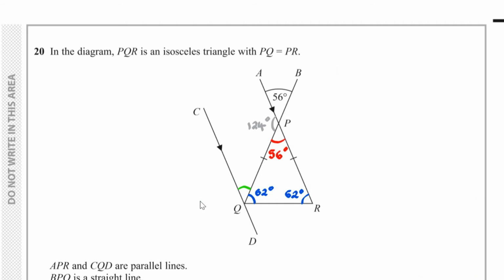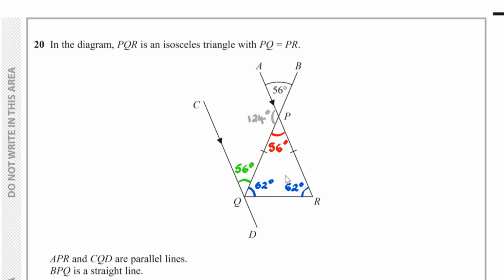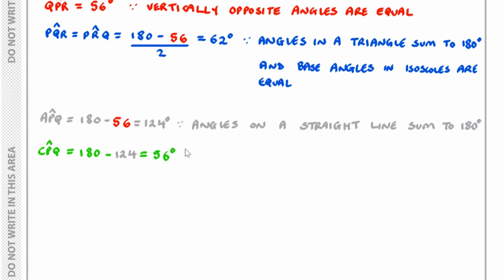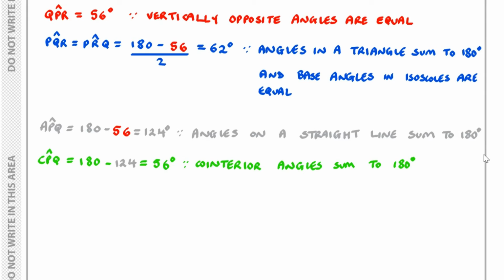So this angle here is 56 degrees, and that's because we've got co-interior angles. So we've got co-interior angles which sum to 180.